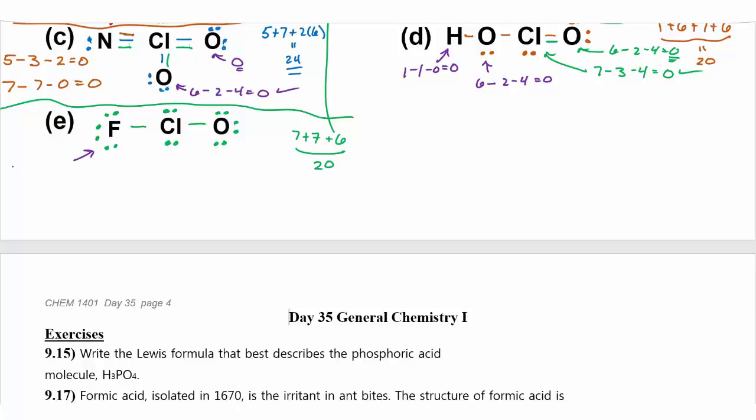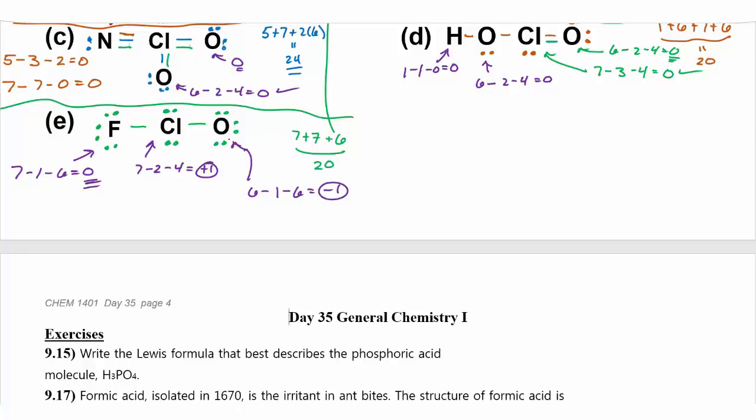So with my formal charges, fluorine has 7 minus 1 bond minus 6 lone electrons, 0. Fluorine is happy. Chlorine, 7 valence minus 2 bonds minus 4 lone electrons, positive 1. And this oxygen, I bet will turn out to be a negative 1. I've got 6 valence minus 1 bond minus 6 lone electrons, a negative 1.